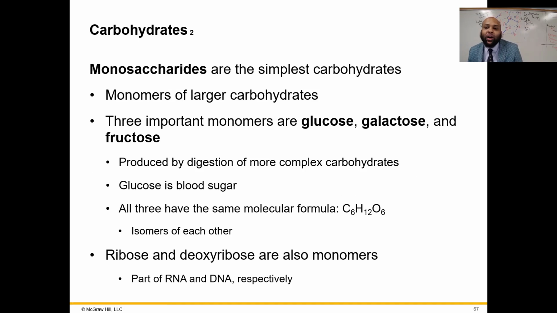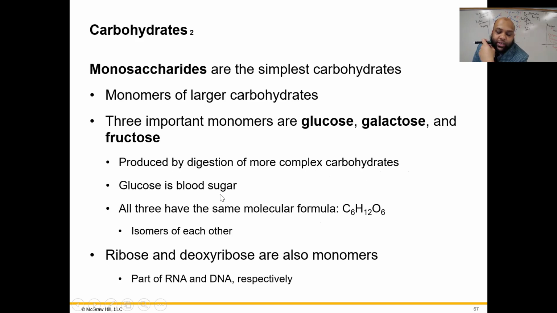These monosaccharides are the simplest carbohydrates, and they are monomers of larger carbohydrates. There are 3 important monomers: glucose, galactose, and fructose. They are produced by the digestion of more complex carbohydrates.